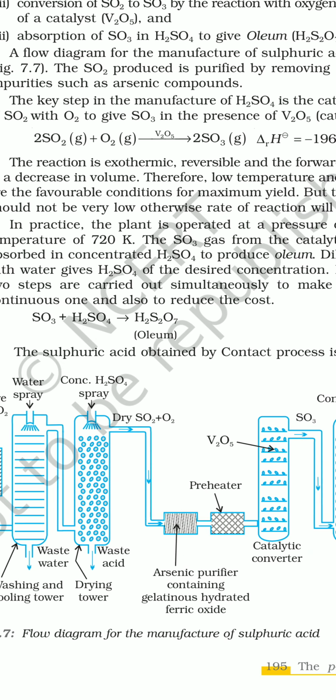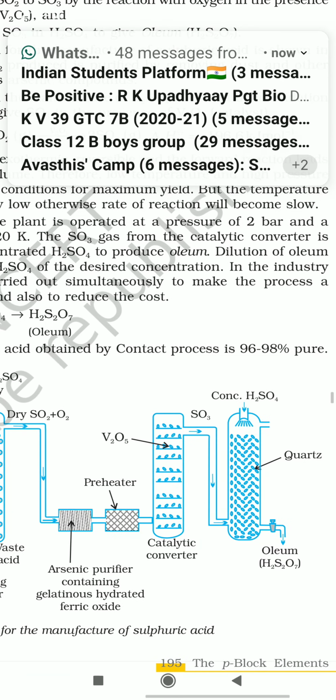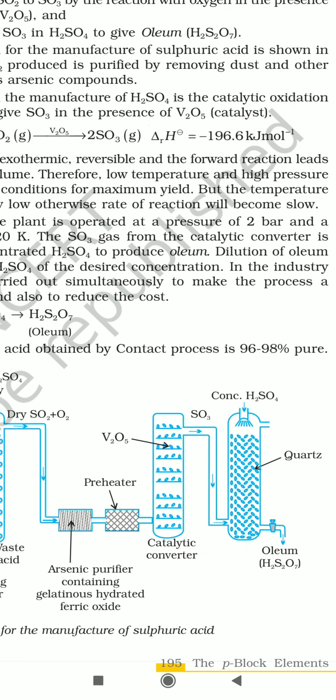They come down into another chamber which is known as the arsenic purifier, and in the arsenic purifier we have hydrated ferric oxide in the gelatinous form. Now the arsenic impurities react with ferric oxide, and the gases, sulfur dioxide and oxygen, move forward. They come to another chamber which is known as the preheater, where the gases are heated up, and then the gases pass into the next chamber which is known as the catalytic chamber.